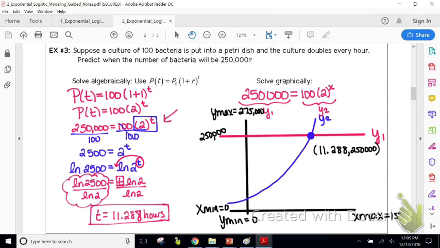From there we can see we were solving for t, which is the number of hours, which is our x. So t is approximately 11.288 hours using our graph.